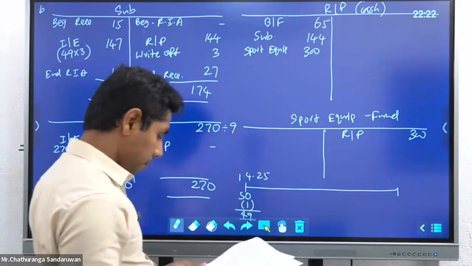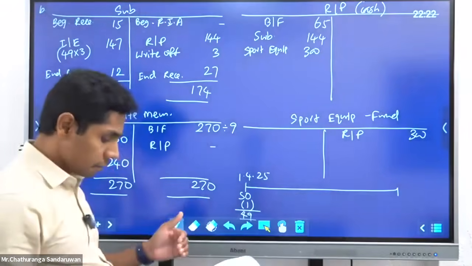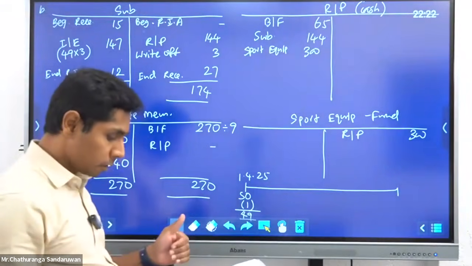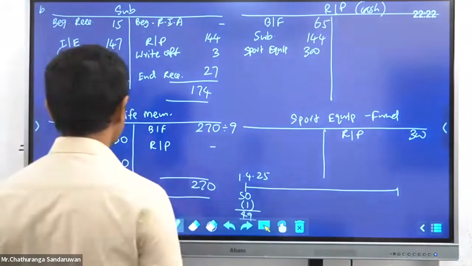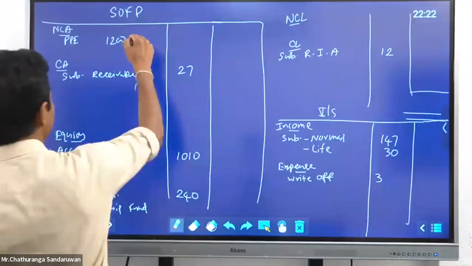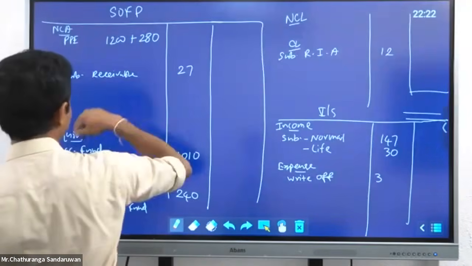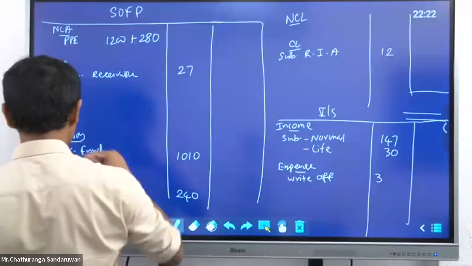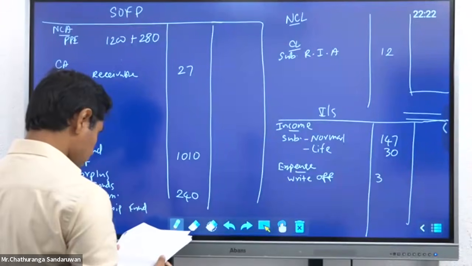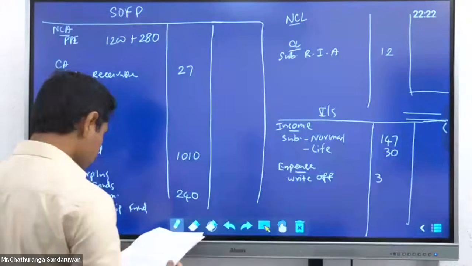And then they had purchased sport equipment costing 280. So PPE should be added by 280, the value of the PPE, right? But for that, they have used 80 from the club cash.